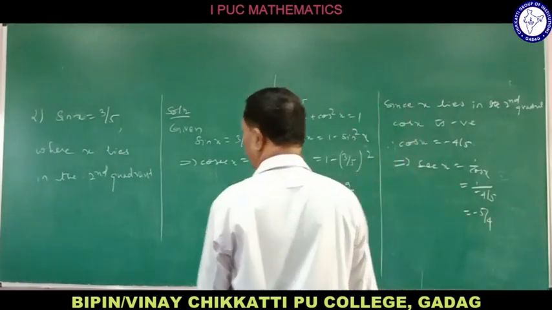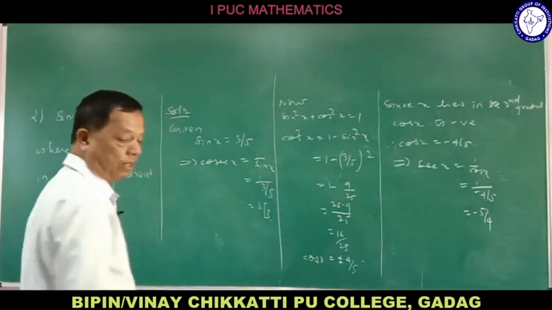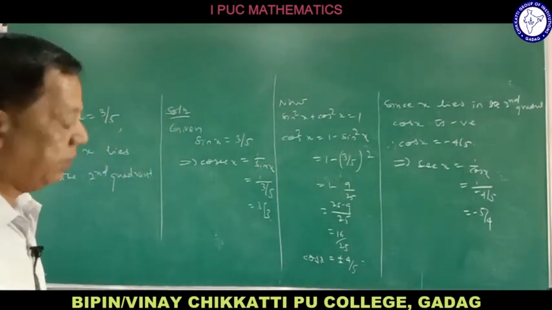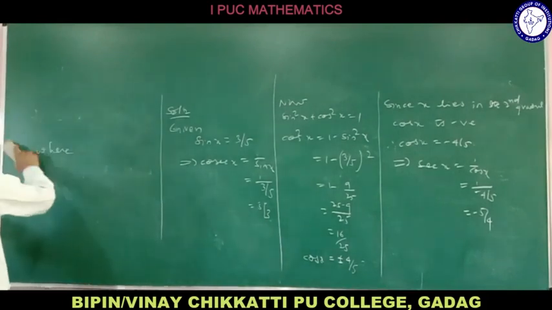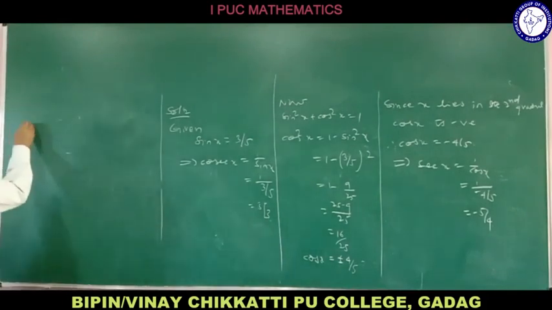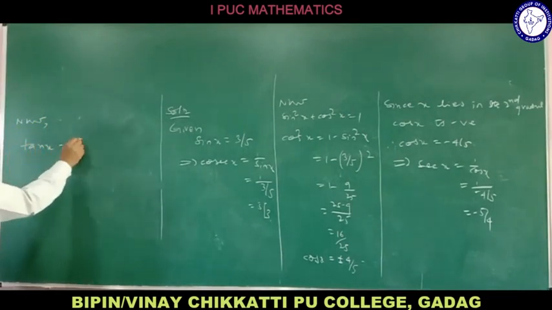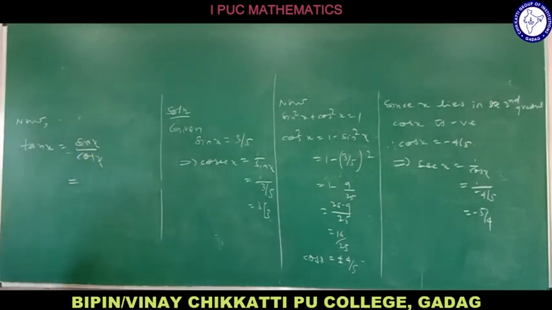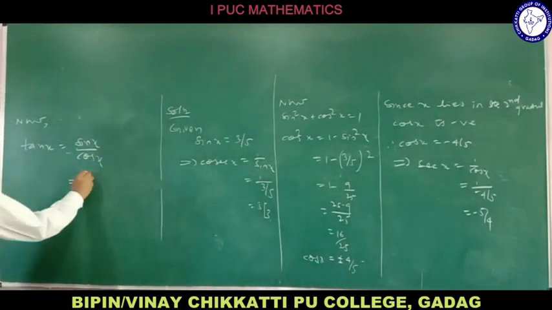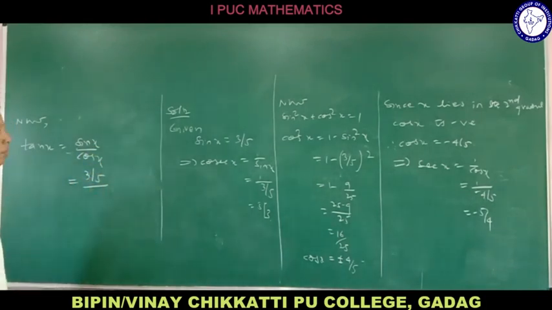Now, we have to go for finding tan x and cot x. So that accordingly you have to see the answer. Now tan x is equal to sin x by cos x. So sin x is how much? 3 by 5. And cos x is how much?